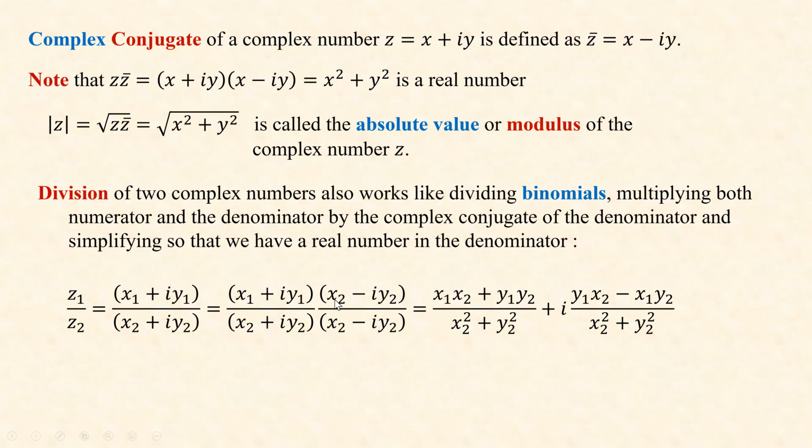So y1x2 minus x1y2, divided by this. So basically it becomes this plus i times that, divided by this number, and we can separate the two parts. So the division of z1 over z2 has a real part given by this and imaginary part given by this. All right.